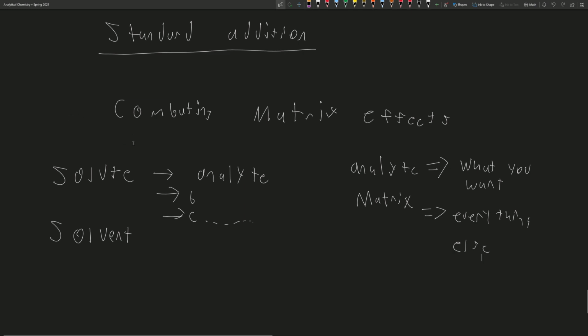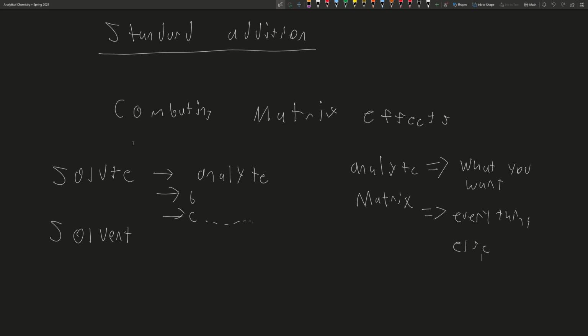Now, in a lot of cases, our matrix will not cause us any issues. In the experiments that we did so far in the lab, our matrix did not interfere in any way. But if you do recall, the soda that we used for our experiment was clear and it was not colored. That is because a portion of the matrix in the colored soda prevents us from analyzing the soda using just UV-Vis methods, because that colorant is going to cause the light that's absorbed to not be accurate.